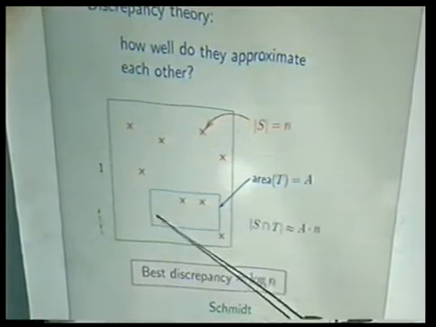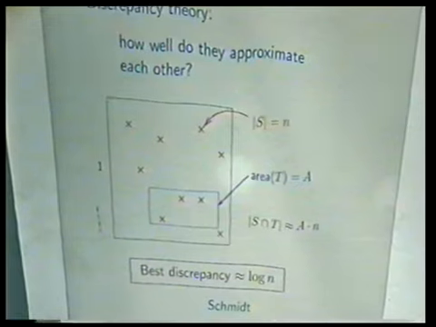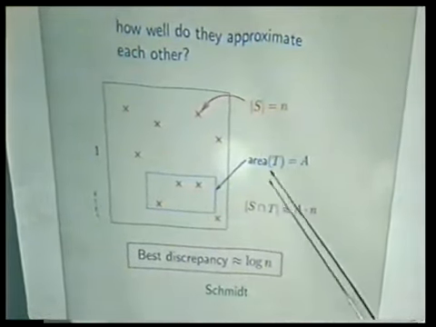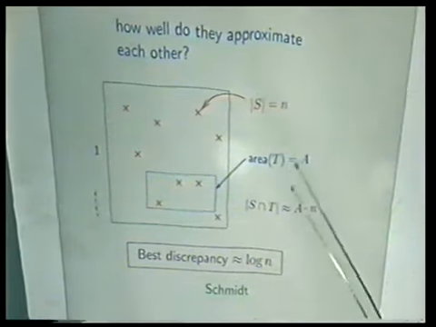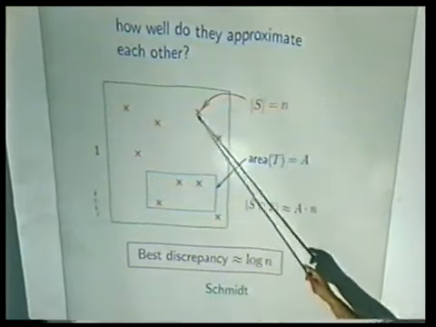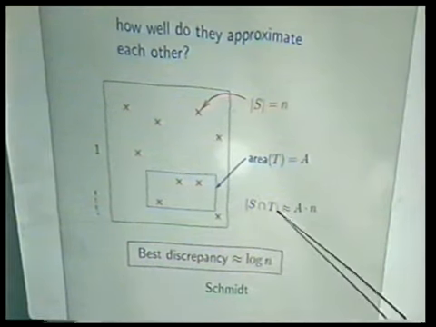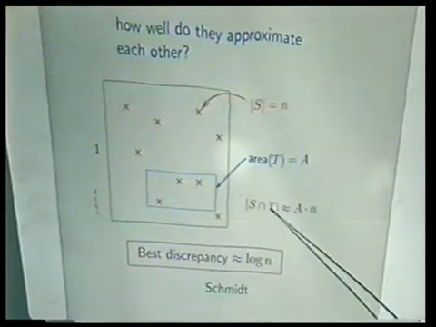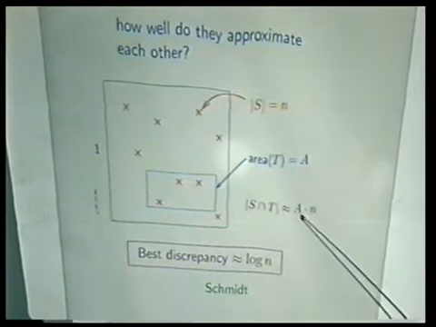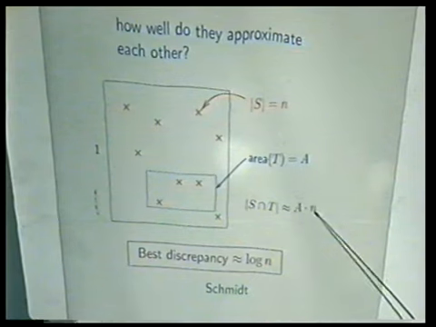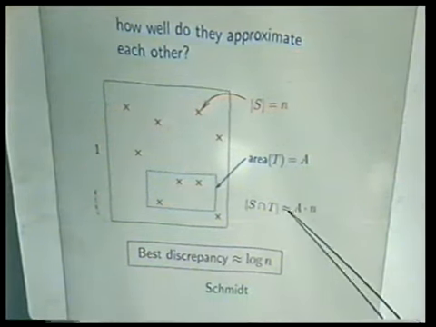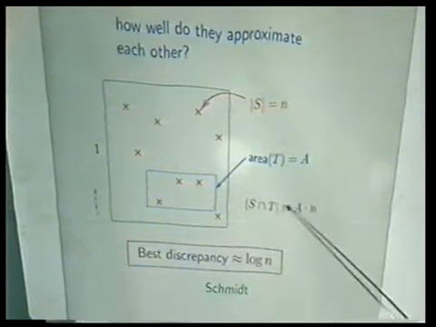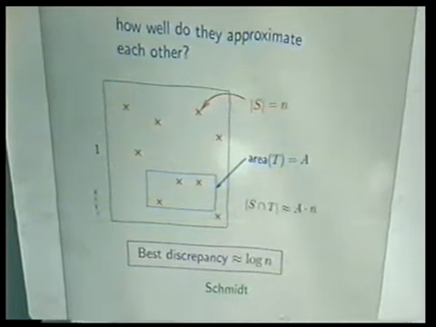Suppose that we are interested in the area of axis parallel rectangles, and if T is such a rectangle, suppose the area of it is A, then if you have n discrete points, the number of these discrete points in T, which is the discrete measure up to scaling, you expect to be approximately the area times n. But this cannot be exact, of course, because there are different measures. So the question is, how far do these two measures have to be?